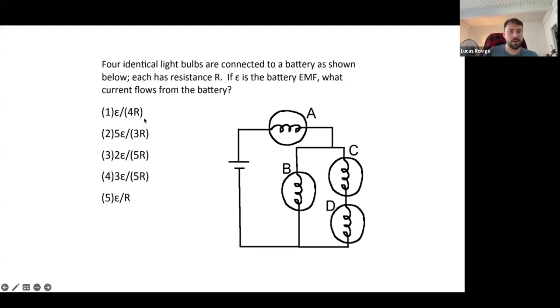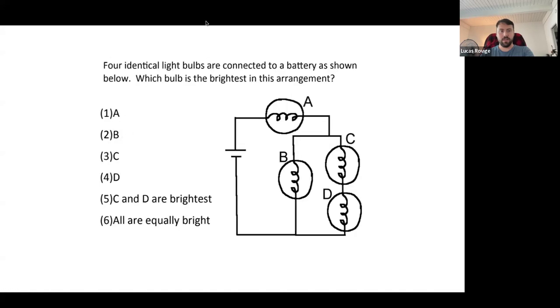Oh, yeah, because they are identical. But I'm thinking, wait, it might also be the case for any.